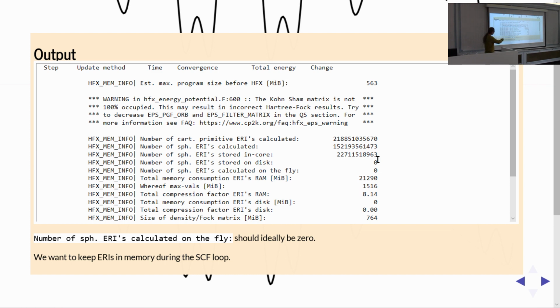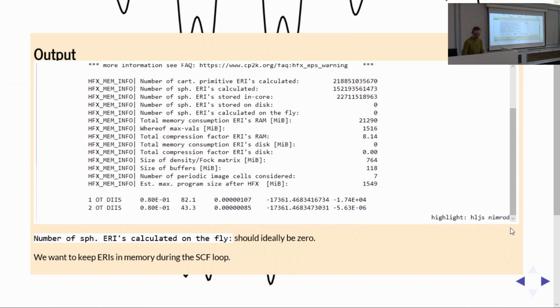And then the number of ERIs stored on disk and the number calculated on the fly. Ideally, these want to be 0. This means you've got all of the 2 electron integrals stored in the thing. So that means when you're going through the later cycles, you don't need to recalculate them. And what you should see, if that's true, well, this is perhaps not a very good system, that the first step will take quite a while because you've got to calculate all these integrals.